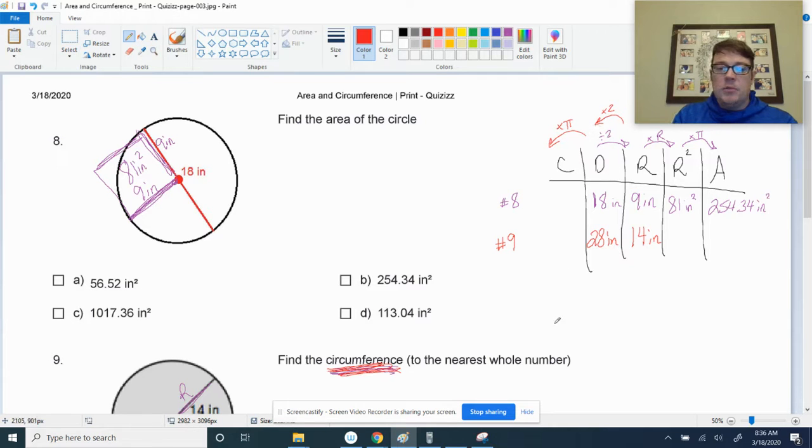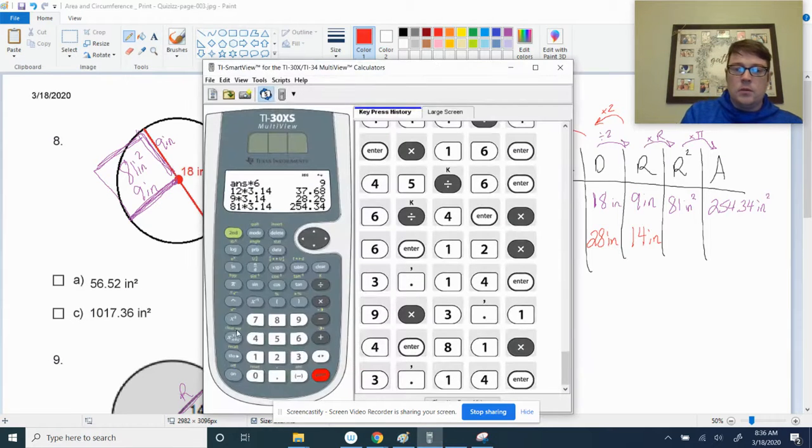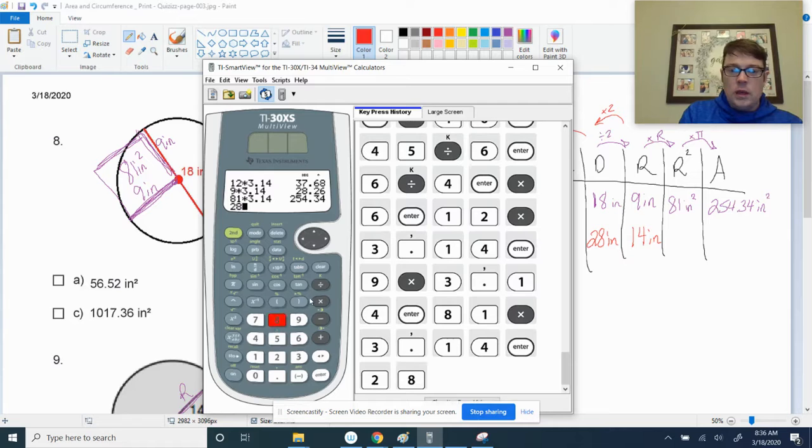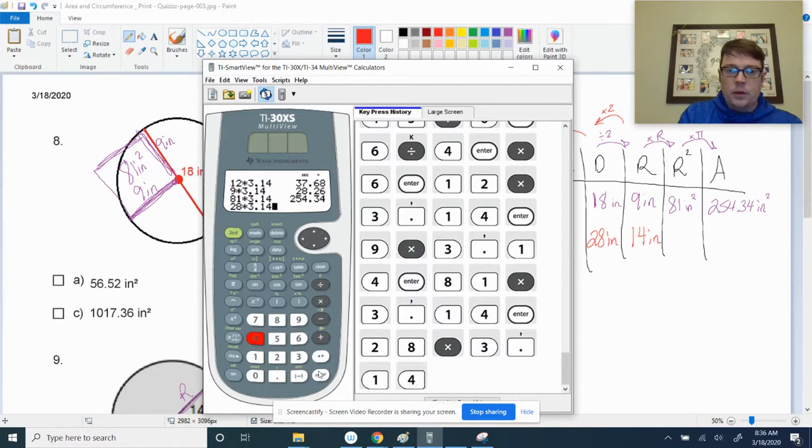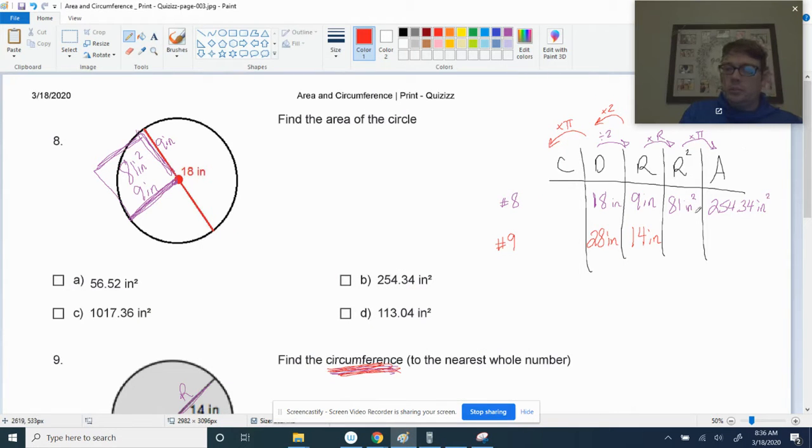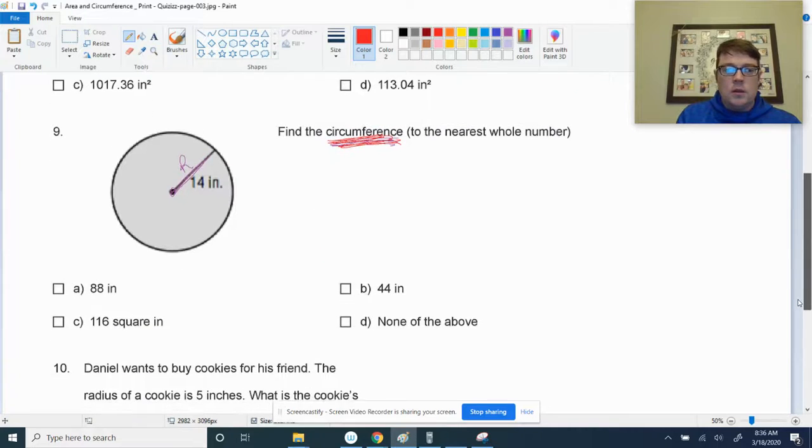So 28 times pi will get us there. So let's do that math. 28 times 3.14, 87 and 92 hundredths. These would be inches, not squared because it's a distance around.